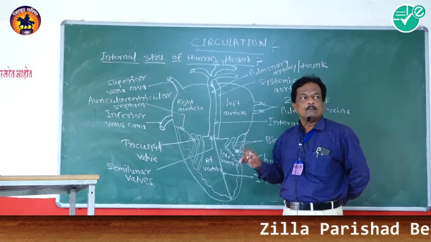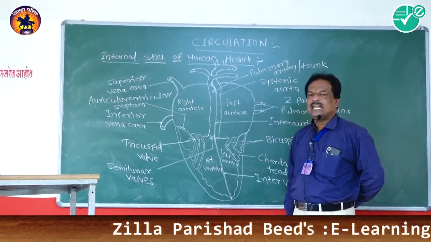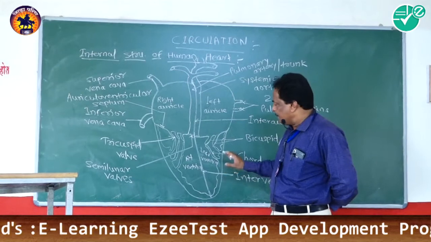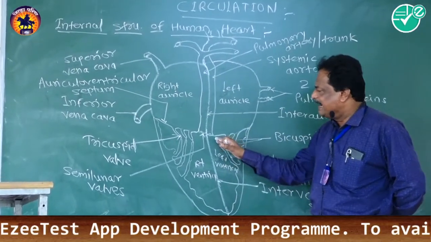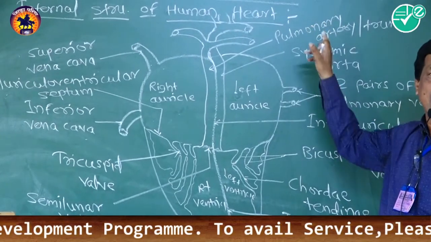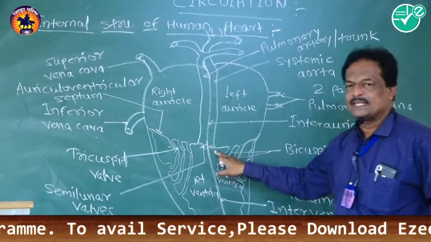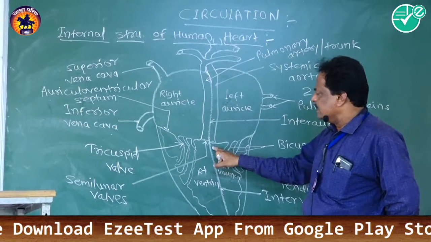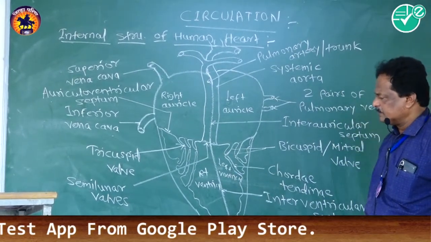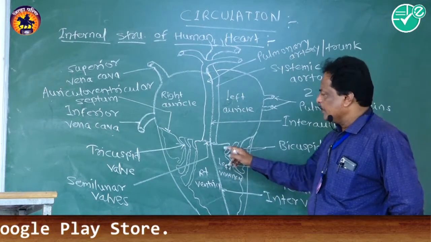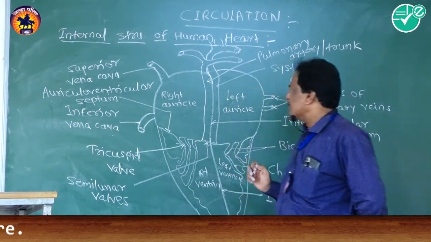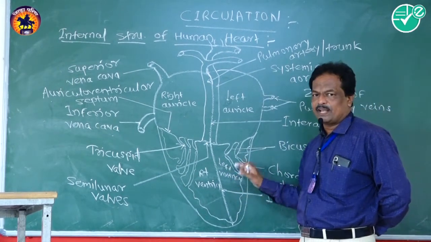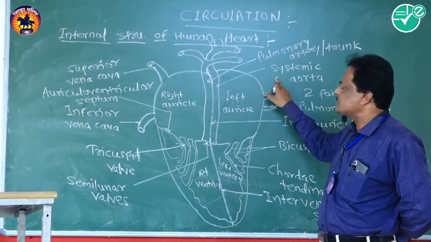At the same time, when the ventricular contraction takes place, the pure blood which is present in the left ventricle enters into the systemic aorta by the opening of the semilunar walls which are present at the base of the systemic aorta.